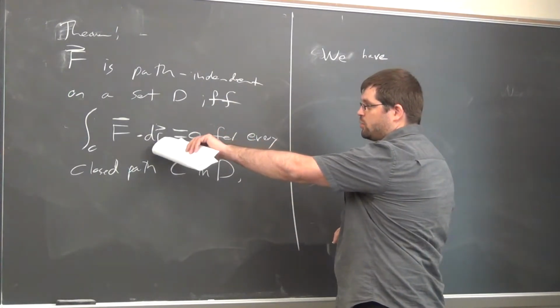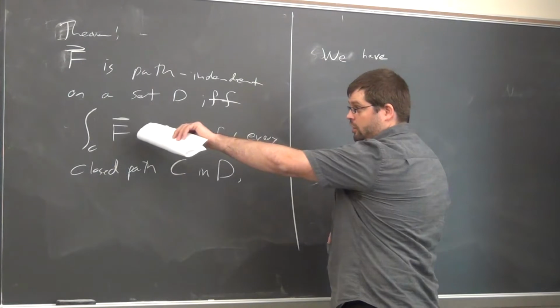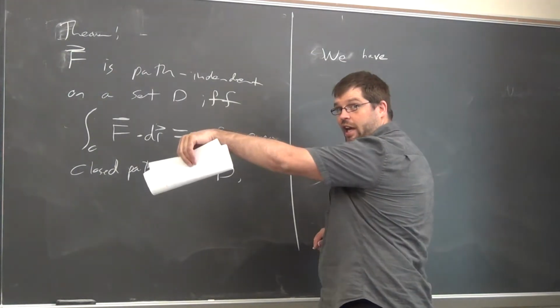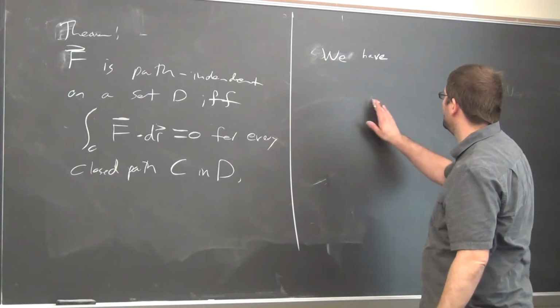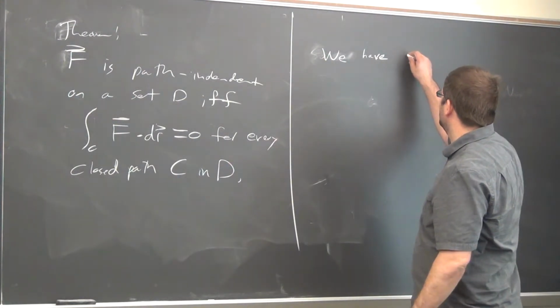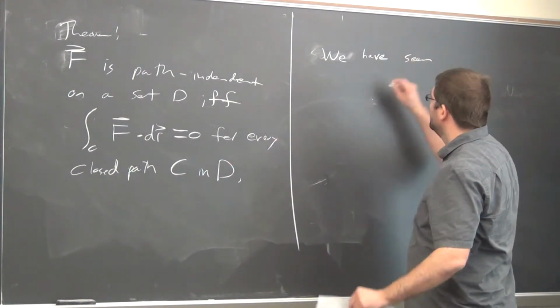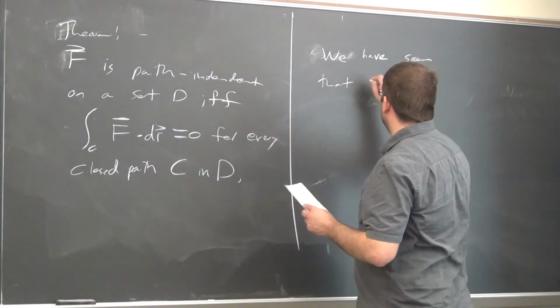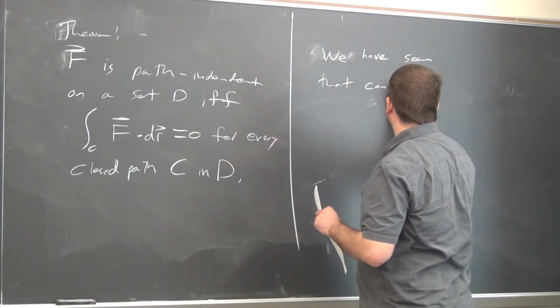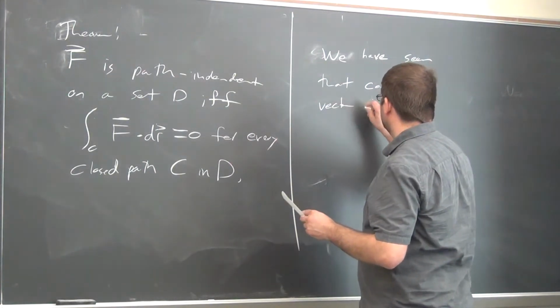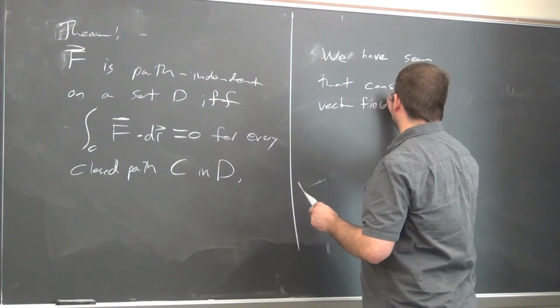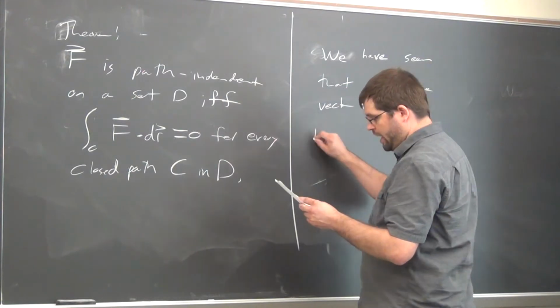We saw this was true for conservative vector fields, because you just take f of your start point minus f of your end point, and really it was true even before that. So we have shown that conservative vector fields are path independent.